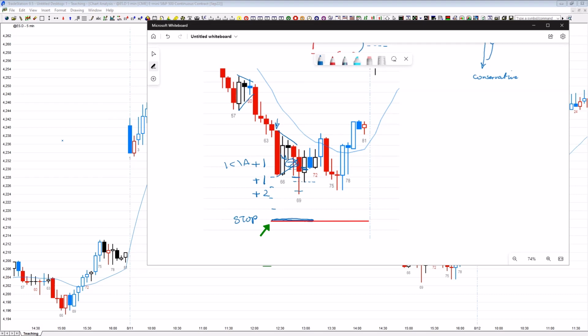Now, support can be the middle, right here, the middle of that trading range, or it could be the moving average. Market got to the moving average.